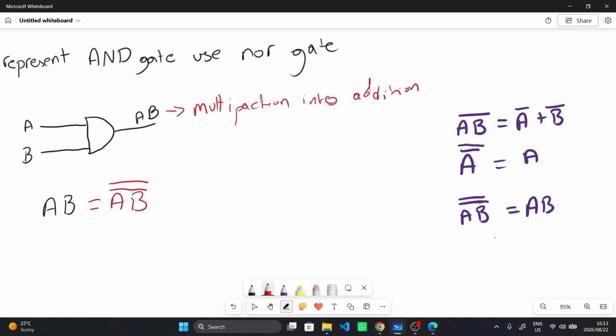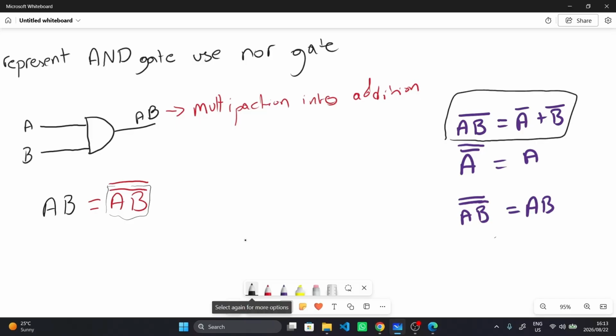Now we have A B complement. If you look at this equation, it's similar because we have this term A times B complement, which is this term here.